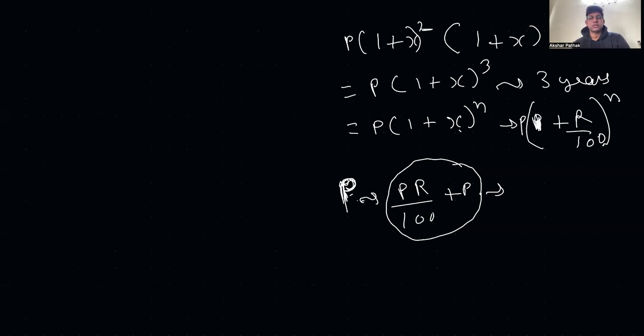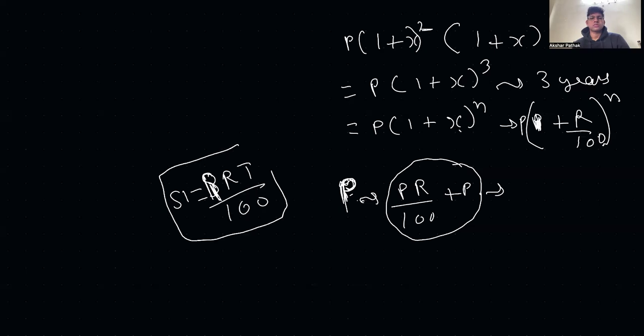Because we also have PRT by 100. I think simple interest is PRT by 100. It depends on your time.